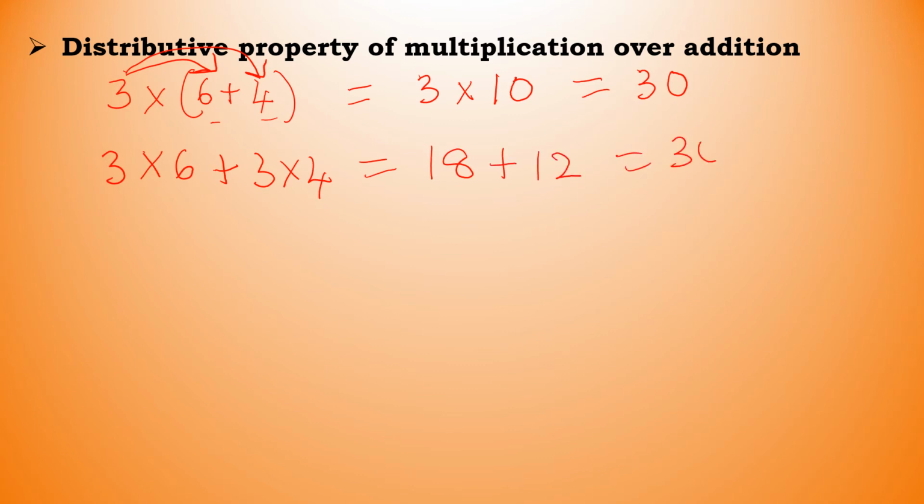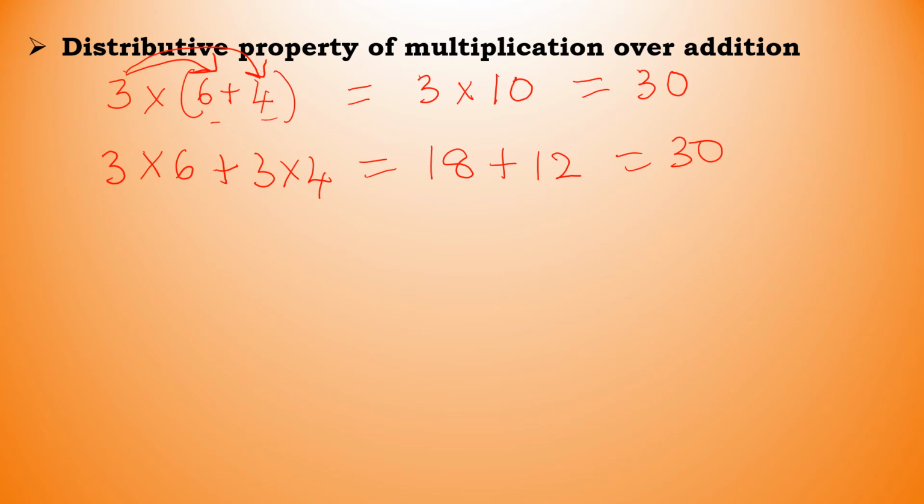That is also 30. So what is it that we did? Distributive property is that to multiply a sum, we may add first and then multiply, or multiply the addends separately and then add.